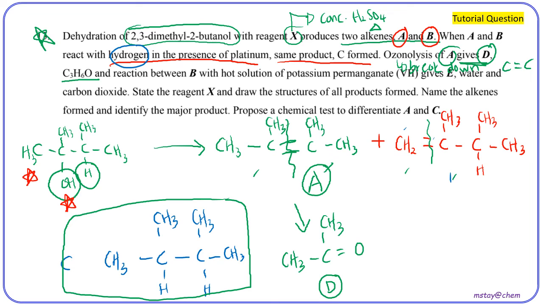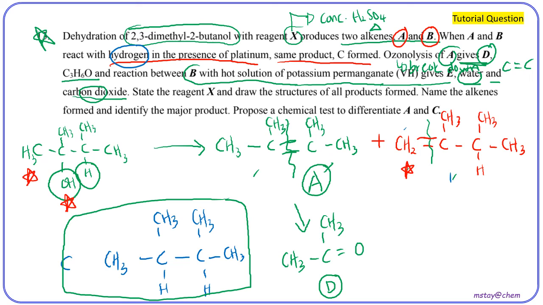Okay, so next they say that when B reacts with hot solution of potassium permanganate(VII), it will give E, water, and carbon dioxide. In the previous slide we studied that if water and carbon dioxide are produced, it means that the carbon at the double bond has 2 hydrogens, which yes, here we have.